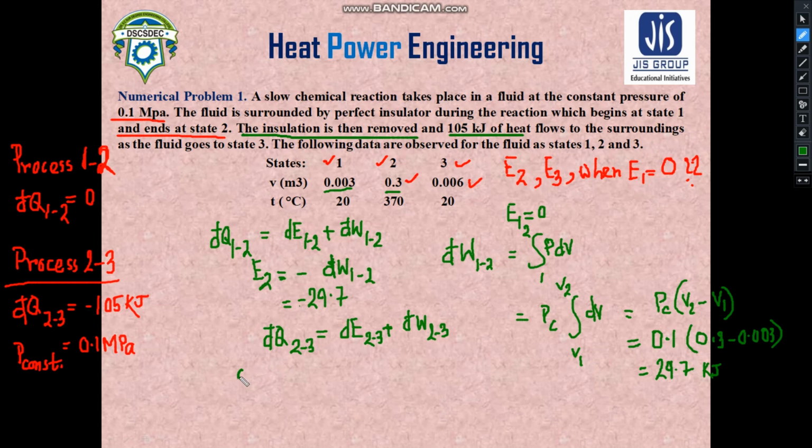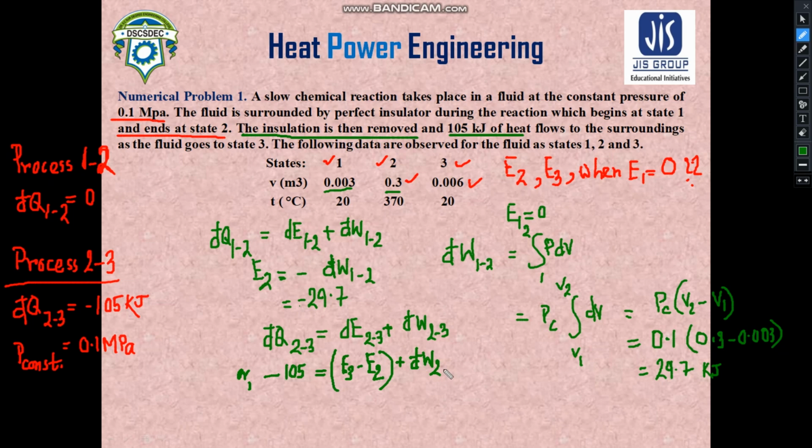So we can write this as minus 105, and we can write the change of internal energy for the process 2 to 3 as E3 minus E2. Very easy to understand. Plus dW 2 to 3.